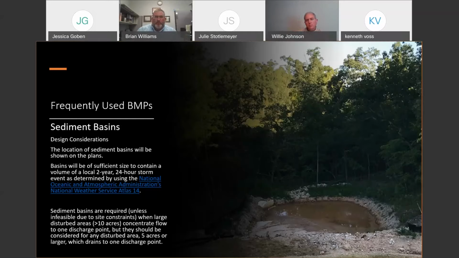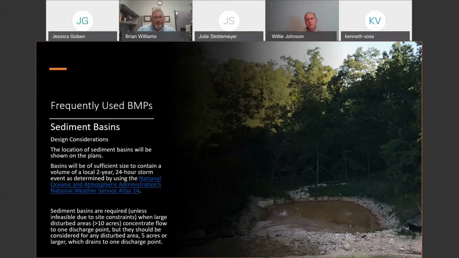They were developed so long ago, and though it's been the engineering standard to use those nomographs, there was a concern that they really don't represent the rain intensity and frequency that we see in today's environment. So NOAA Atlas 14 is a more refined model with more accurate tools than what the NRCS nomographs provide.